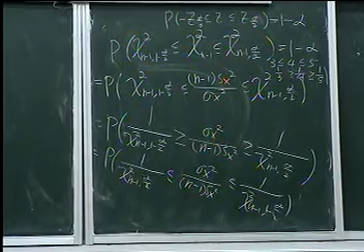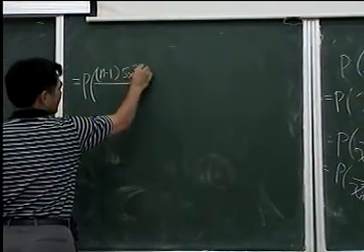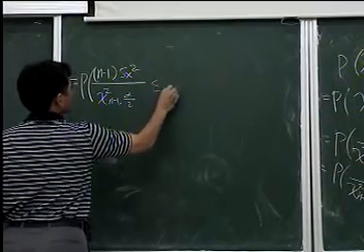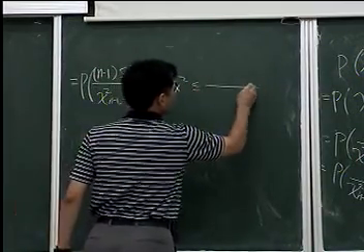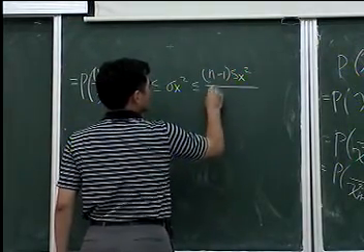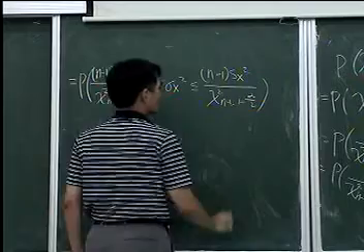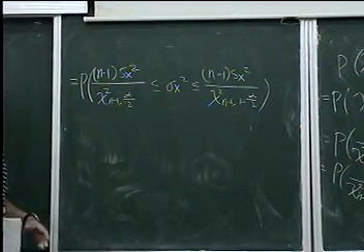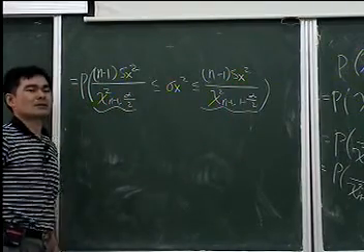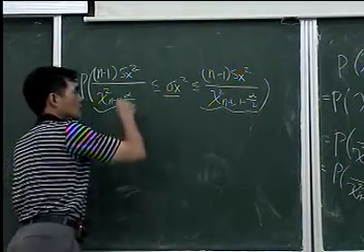We will get P of (n minus 1) sx squared over chi-square n minus 1 alpha over 2 less than or equal to sigma x squared less than or equal to (n minus 1) sx squared over chi-square n minus 1 minus alpha over 2. Okay, so this is what we get. This and this is the confidence interval for sigma x squared.